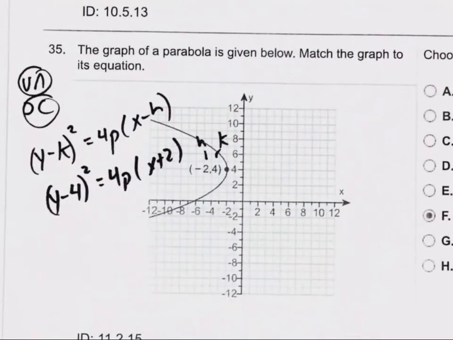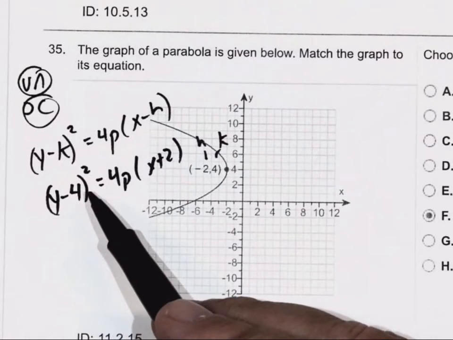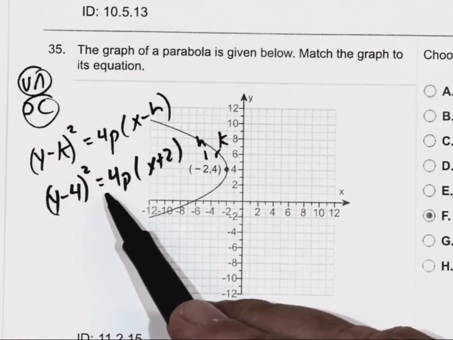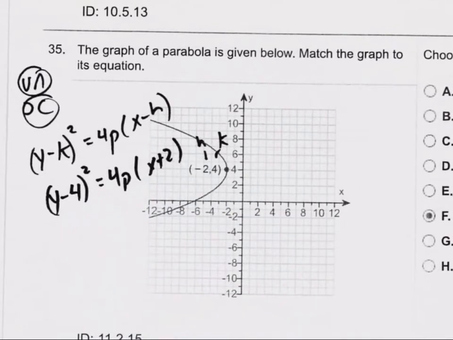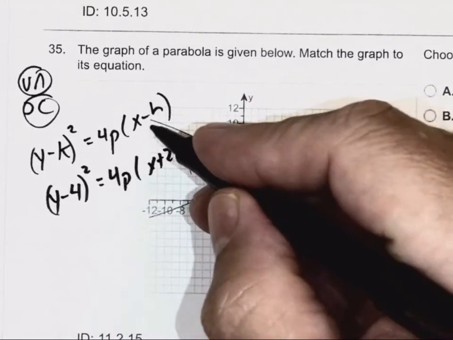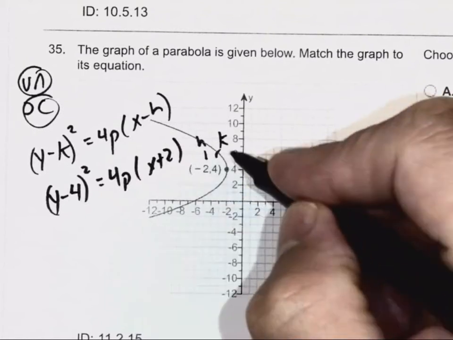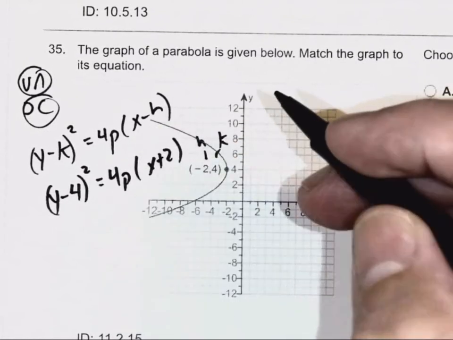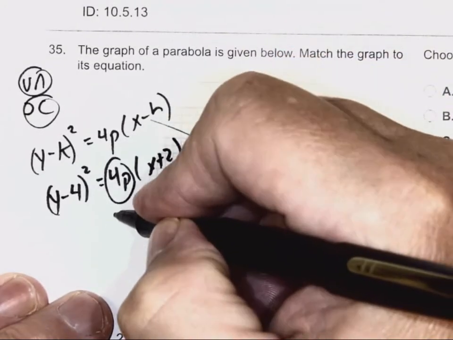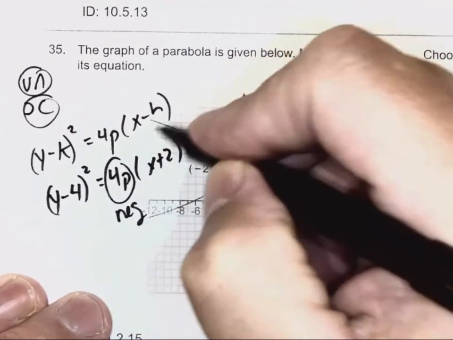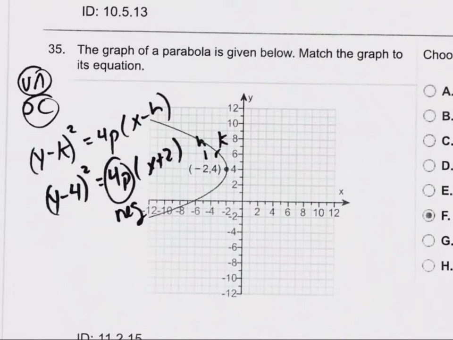So I know right now it's going to be y minus 4 quantity squared equals 4p times x plus 2. Now furthermore, because the parabola opens in the negative x direction, I don't know what this number is, but I know it's going to be a negative number.